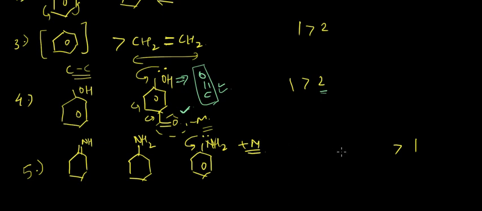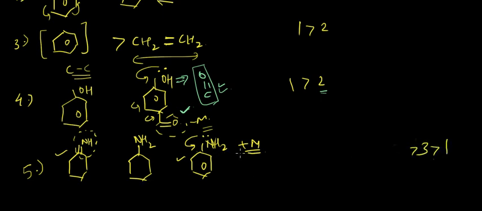So the bond length character in this case, when we compare this and this, actually this already has a double bond character between itself and the carbon atom, so its bond length would be the least, then 3.